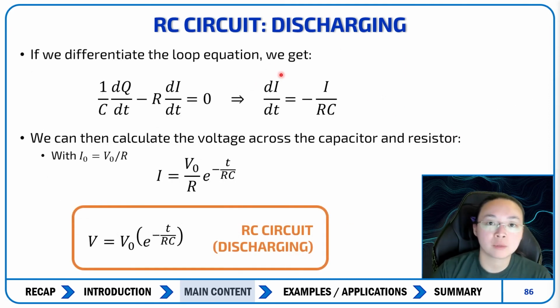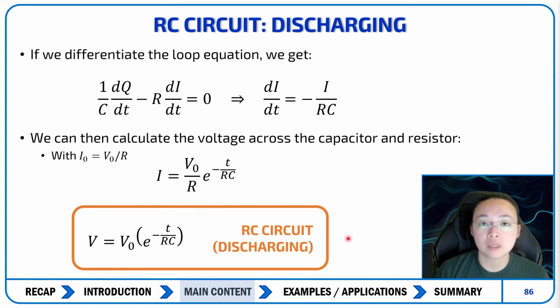So similar way of deriving this equation. You don't have to know it, but if we differentiate the new loop equation, we get dI/dt equals negative I over RC. We can then rearrange for I and solve, and we get this, but we can also rearrange and redefine it in terms of voltage to get V naught times e to the power of negative t over RC.